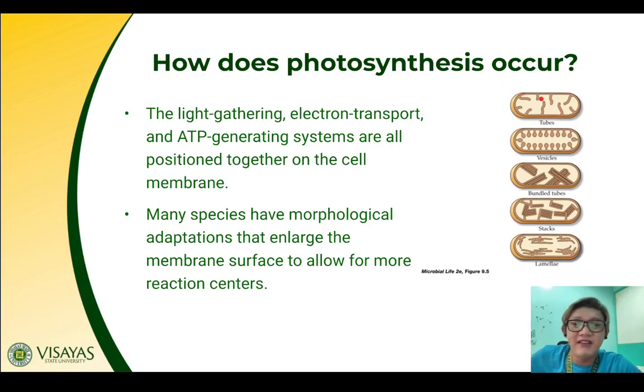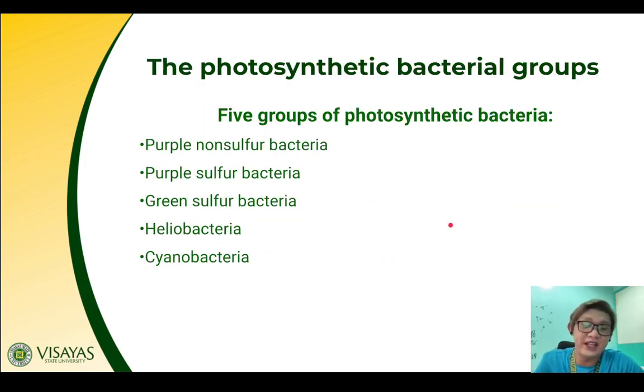Many species have morphological adaptations that enlarge the membrane surface, to allow for more reaction centers, like these stacks or lamellae. Different types of organisms have different arrangements of their chlorophyll or photosynthetic apparatus depending on their needs. There are 5 groups of photosynthetic bacteria that are recognized.